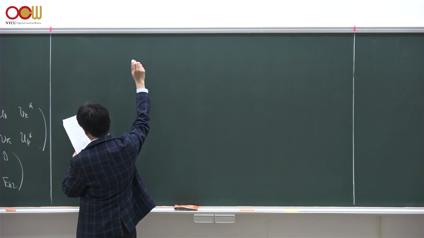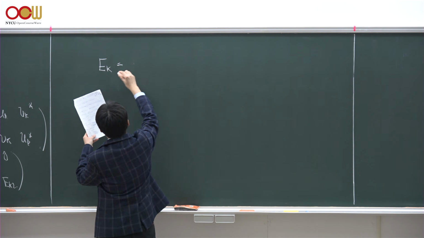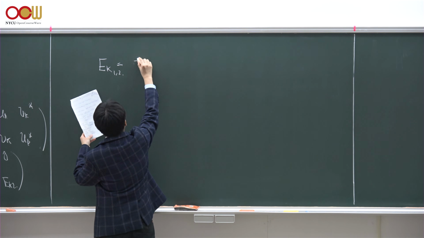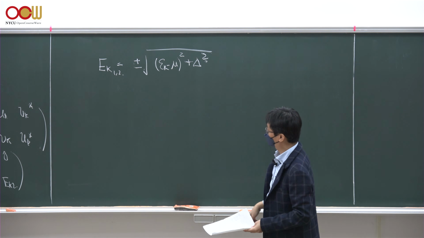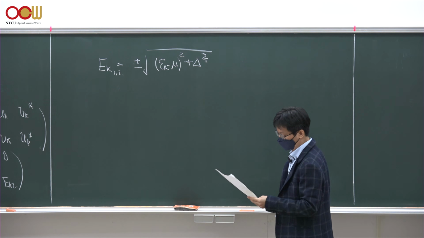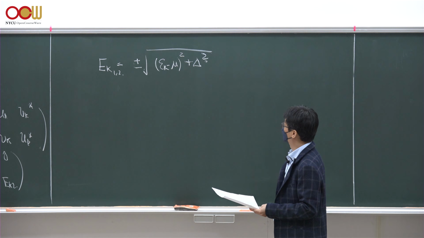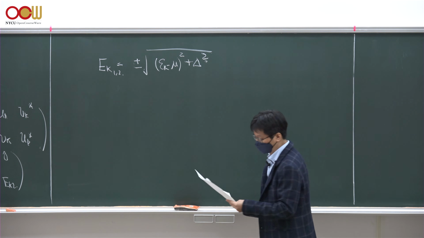It is very easy to see that the eigenvalue E_k1 is the plus of the square root, and E_k2 is the minus of the square root of (epsilon_k minus mu) squared plus delta squared.